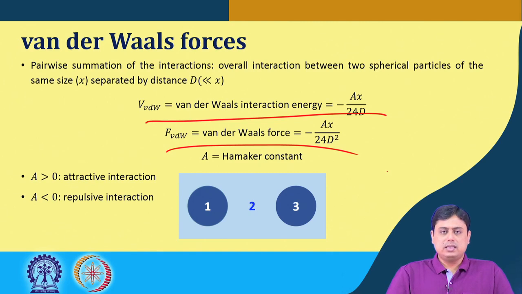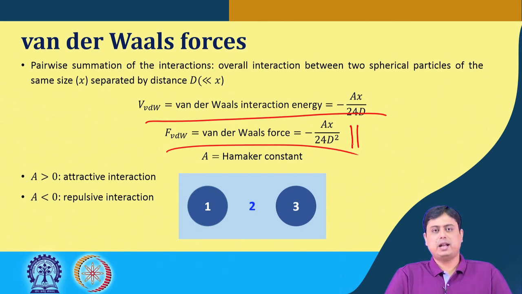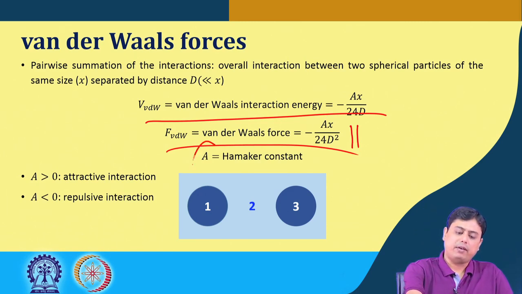Now this schematic shows two particles of different material, particle 1 and 3, separated by an intervening medium, 2. The positive or negative value of this force, that means attractive or repulsive nature, and its magnitude would depend on the value of this Hamaker constant.